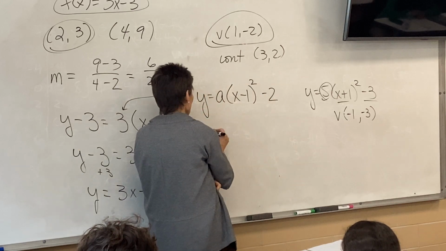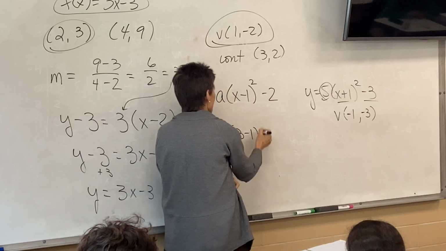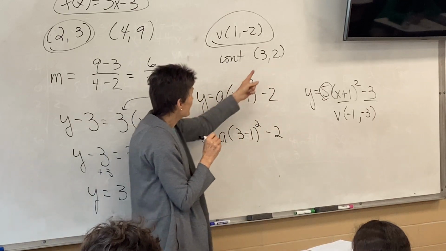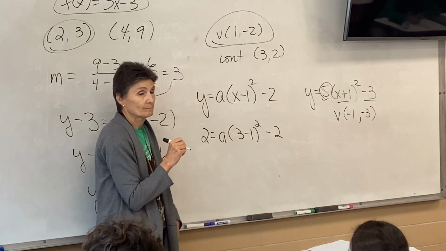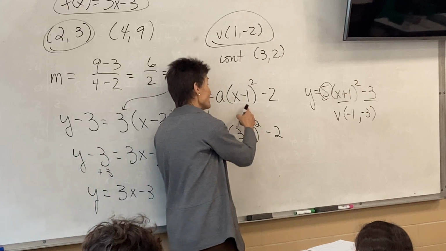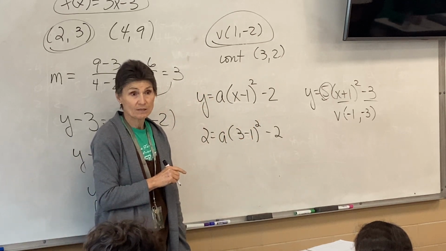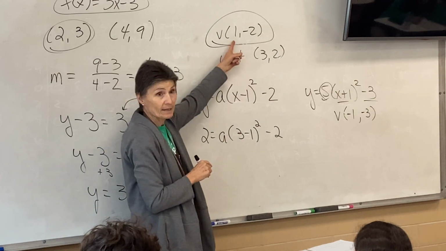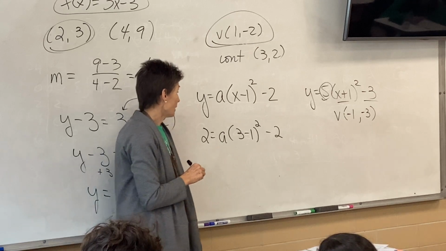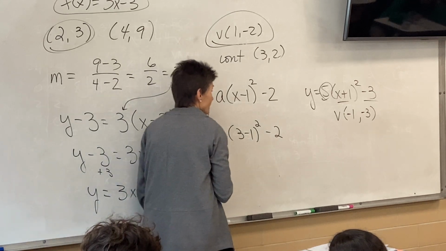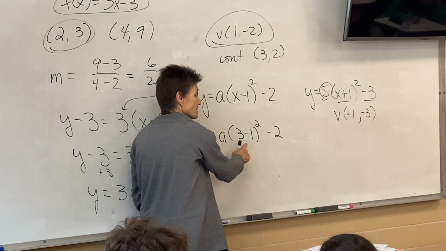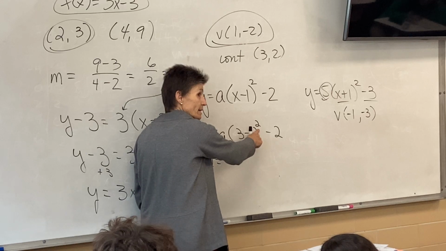All right, so 2 goes in for y, 3 goes in for x. Why is it x minus 1? Because remember, x minus 1 means you've moved 1 unit to the right. And where's that vertex? 1 unit to the right. All right, what arithmetic do I do first here? Parentheses, so 3 minus 1 is 2, squared is 4.